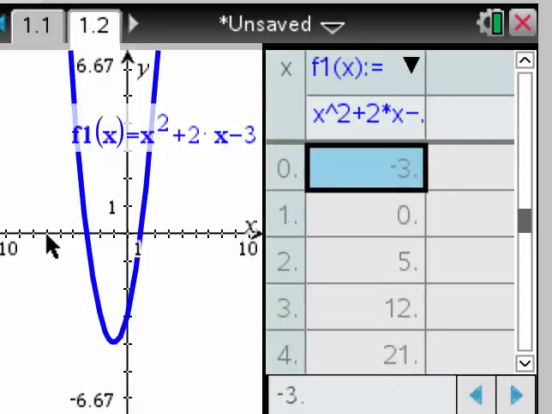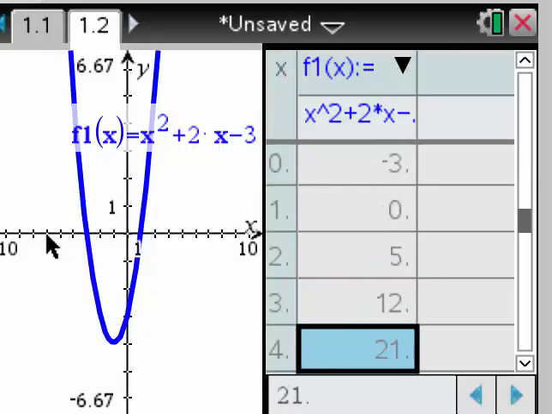And they want from -5 to +3. So -5 is 12, -4 is 5, -3 is 0, -2 is -3, -1 is -4, 0 is -3, 1 is 0, 2 is 5, and 3 is 12.